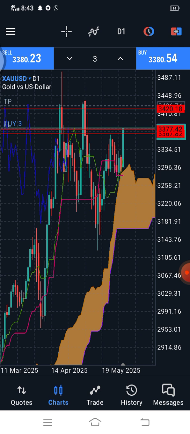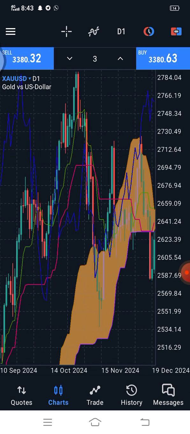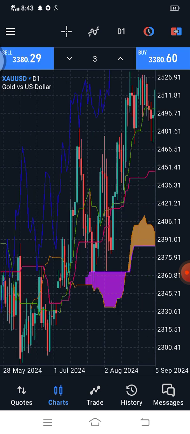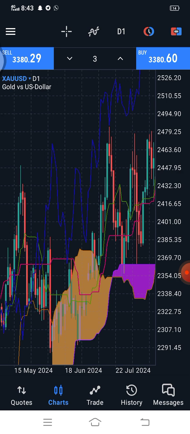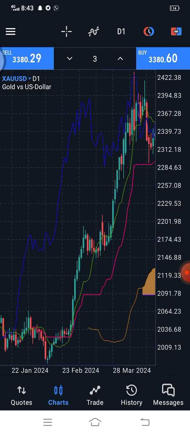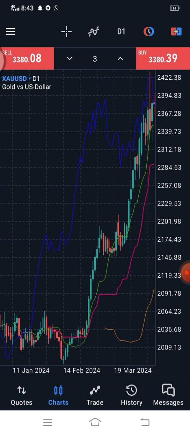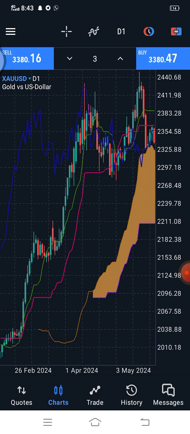Whenever the charts are above the cloud, it means we are in a bullish trend. And if they are below the cloud, just like you see down here, it's a bearish trend.